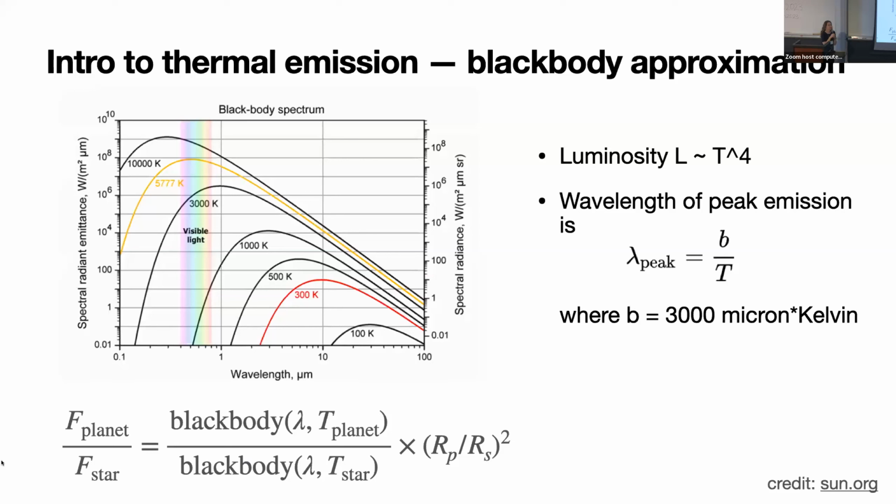Okay, so just to give everyone a feeling of the type of signal we're looking for, this is our favorite Planck functions for black bodies at different temperatures. You all know that the luminosity is proportional to the temperature to the 4th power. I remember learning that in physics as a student, and I was like, okay, cool, temperature to the 4, that's great.